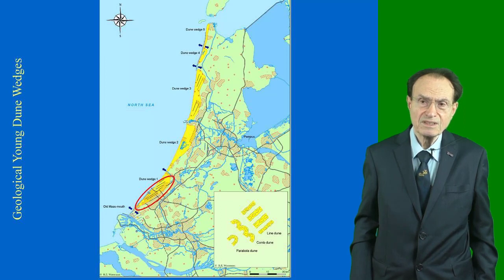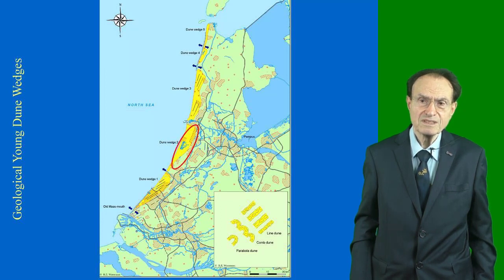And this old Rhine River used to be the northern border of the Roman Empire. Then we have the next dune wedge, which starts at Katwijk Noordwijk, widens to Bloemendaal Zandvoort, also with nature reserve area and with dune water production.